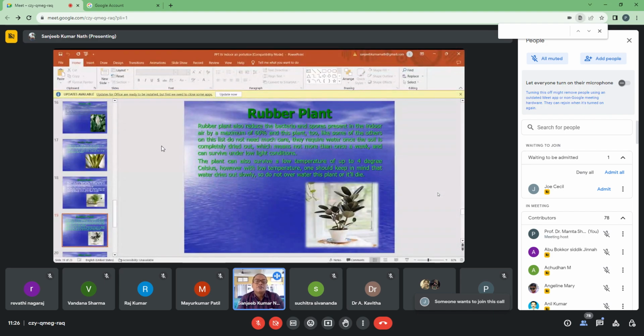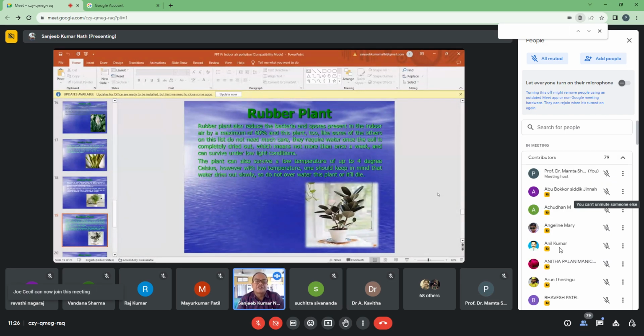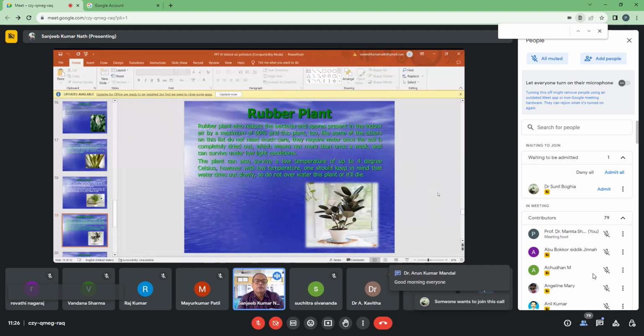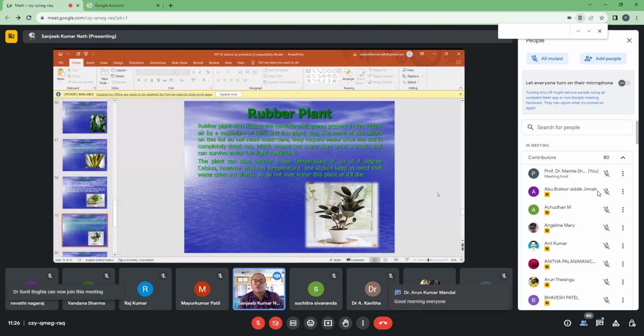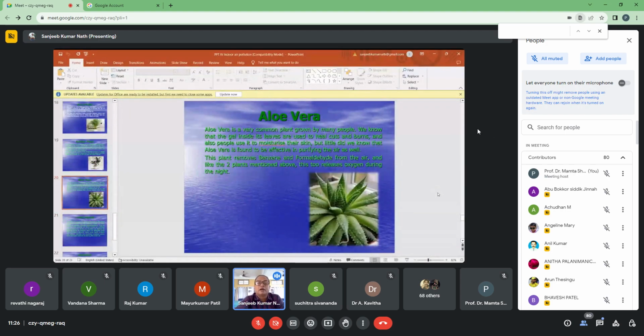It can survive under low light conditions. The plant can also survive a low temperature of up to 4 degrees Celsius. However, with low temperature, one should keep in mind that the water dries out slowly. So do not overwater this plant or otherwise it will die. So this is another important plant that can purify the indoors.